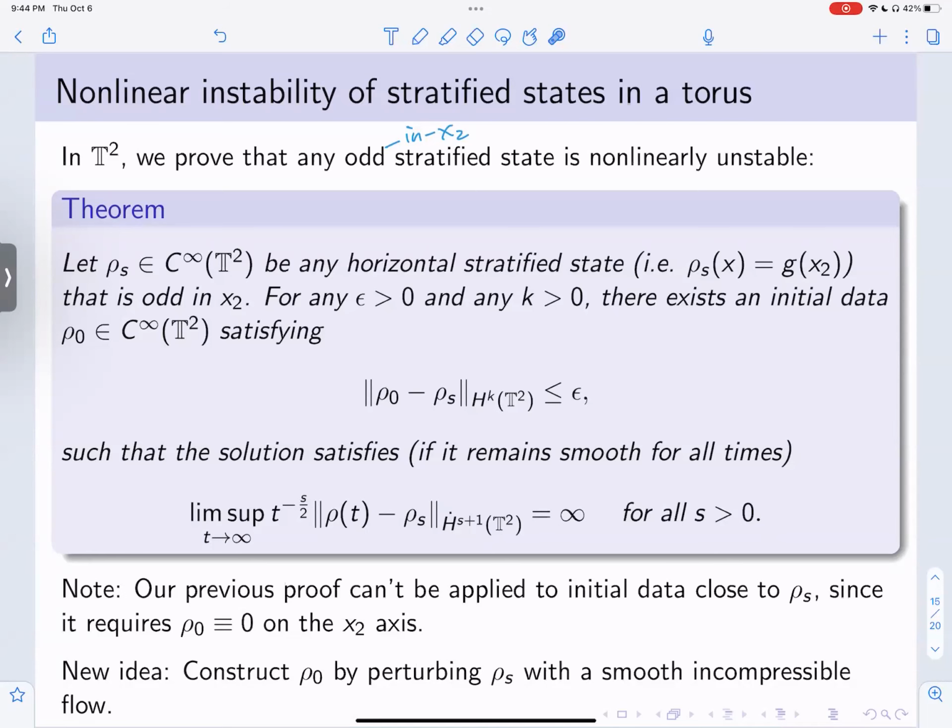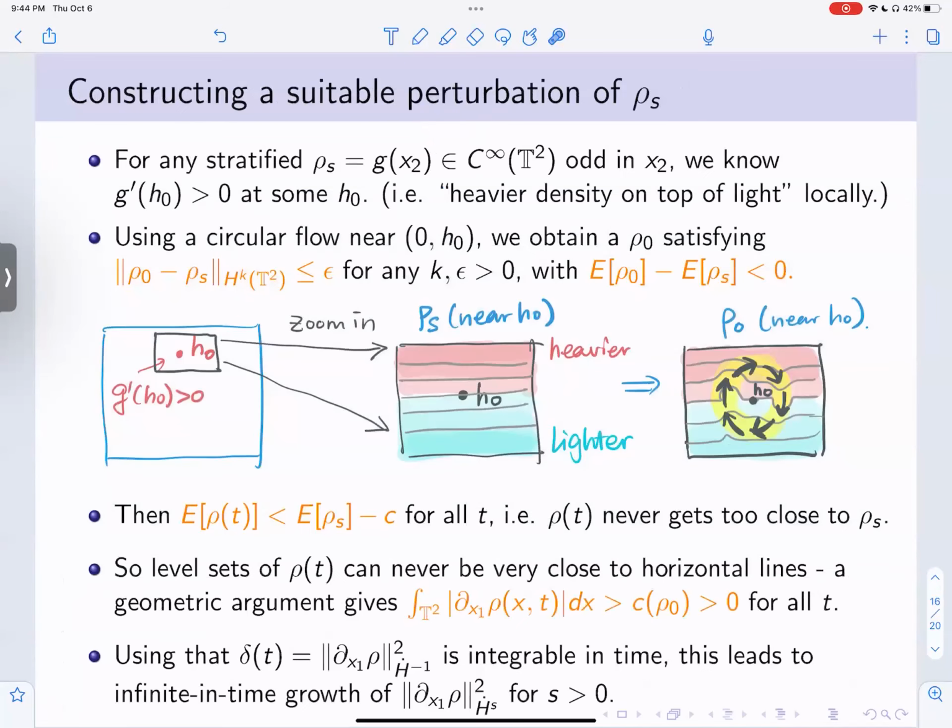So the idea is as follows. Suppose we consider any odd in x2 stratified state. We want to give it a little perturbation. First of all, any such steady state is actually linearly unstable, because one cannot have any monotone density in the torus, right?